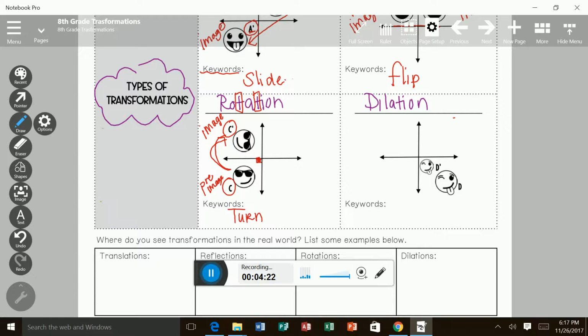My last one is a dilation, and there's no special trick up here, but this is just something that enlarges or reduces or grows and shrinks. Okay, so I'm going to put enlarge for a keyword and reduce.